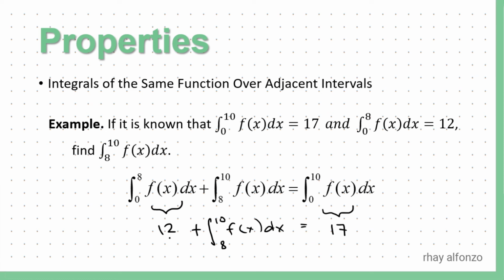So transposing 12 to the right side, we have the integral of f of x dx from 8 to 10 is equal to 17 minus 12. And 17 minus 12 is equal to 5. So this is our final answer.